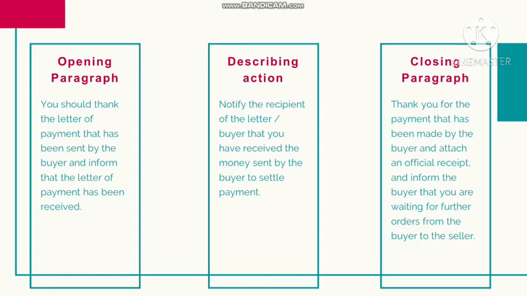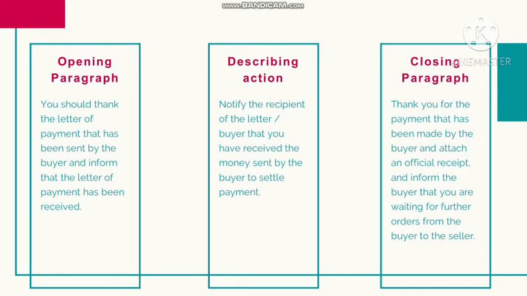And the third paragraph is the closing paragraph. In this paragraph, you must thank the buyer for the payment that has been made and attach an official receipt and inform the buyer that you are waiting for further orders from the buyer to the seller.